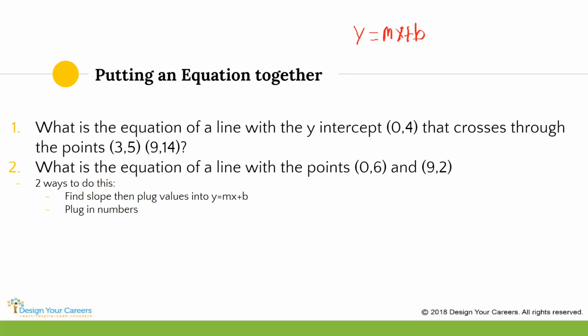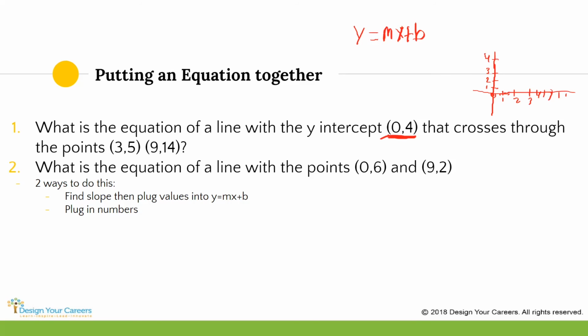So for this first question over here, the first thing that I would say is to understand what these points are, right? So when we're looking at the point 0, 4, think of it graphically. So let's say we have a little graph over here. We have points 1, 2, 3, and 4 on our y-axis, and we have points 1, 2, 3, 4, going on and on for however many points that we need. So when we look at the point 0, we know that this middle over here is 0, right?